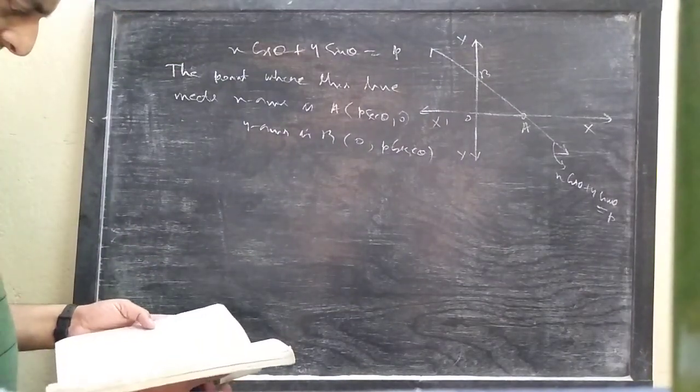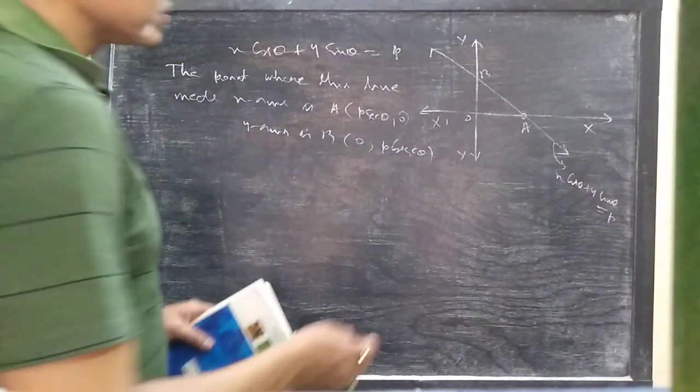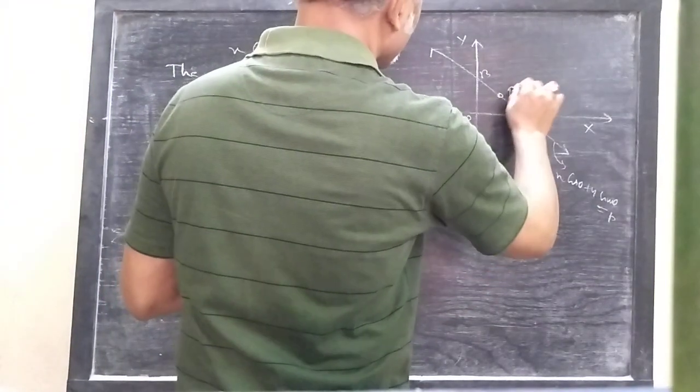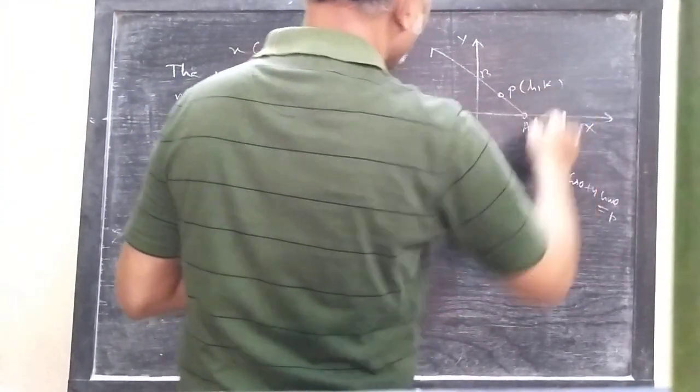Now you are asked to find the midpoint of the line segment. So let us consider midpoint P as h comma k.